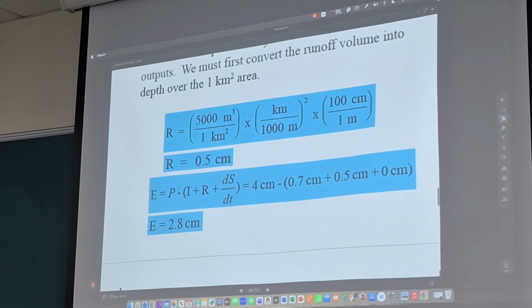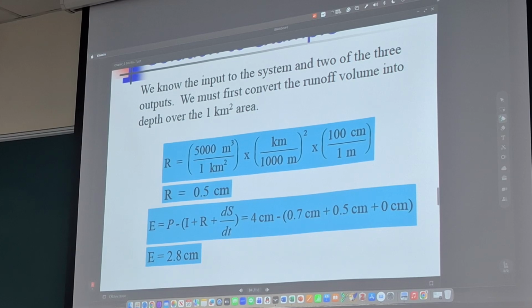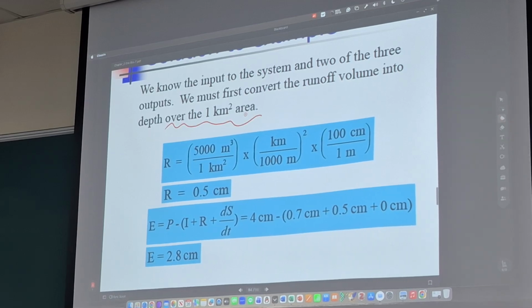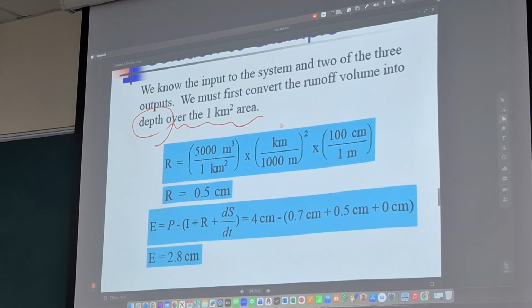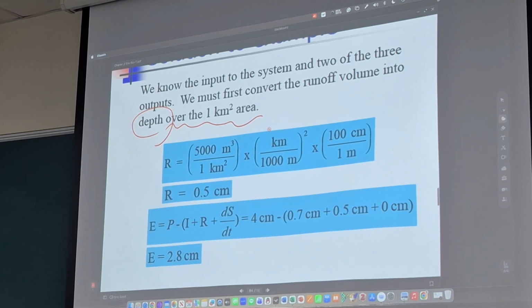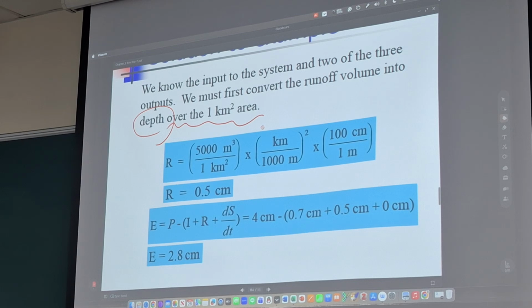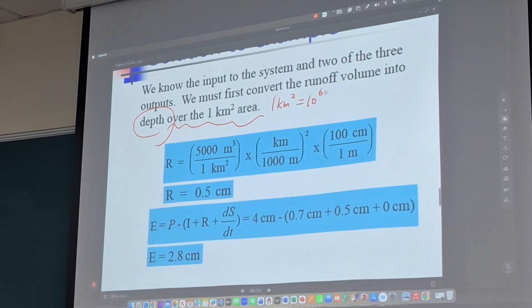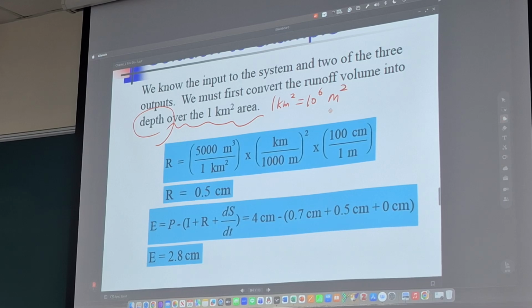Because the question is about depth, we need to follow the depth over the 1 square kilometer area. 1 square kilometer equals 10 to the power of 6 square meters.